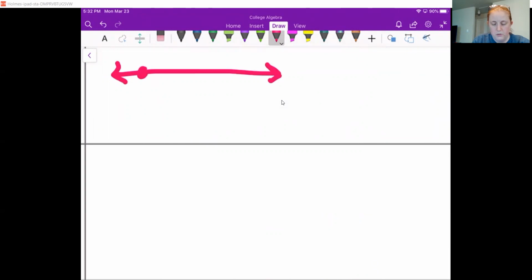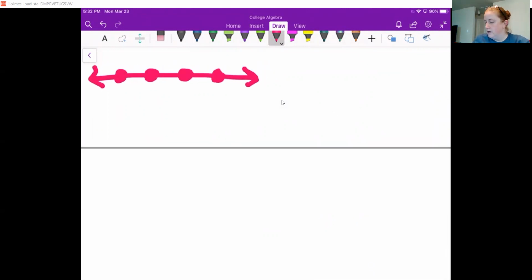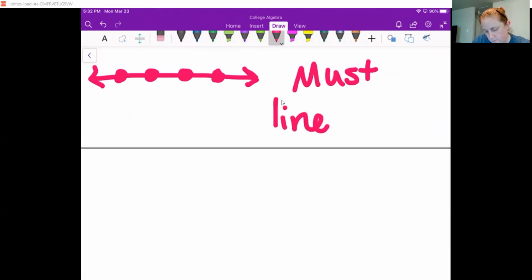There we go, much straighter line. We need at least 2, because it takes 2 points to make a line. So collinear, they must line up.